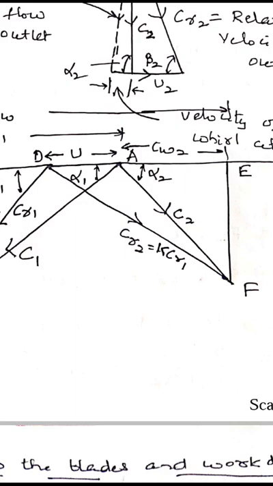Join AF, which gives C2, the absolute velocity, making an angle of alpha 2 with the horizontal. Again, C2 can be resolved into two components: the tangential component CW2 and the velocity of flow EF.